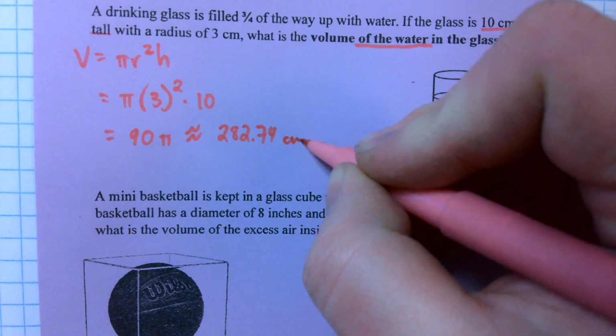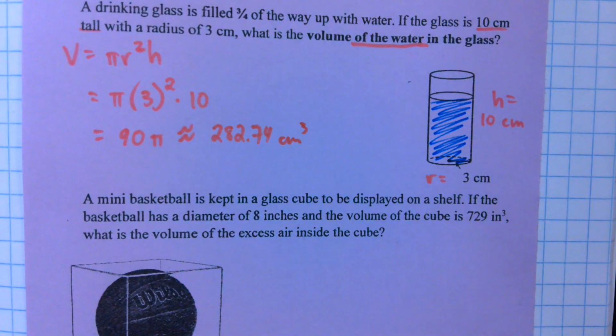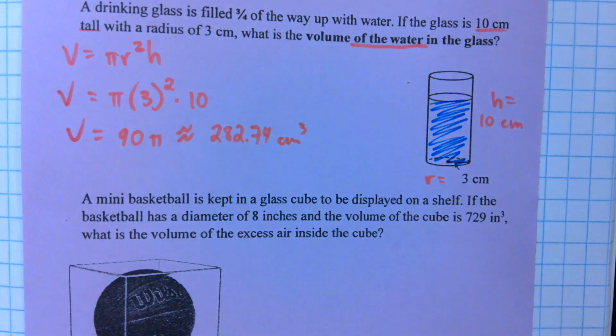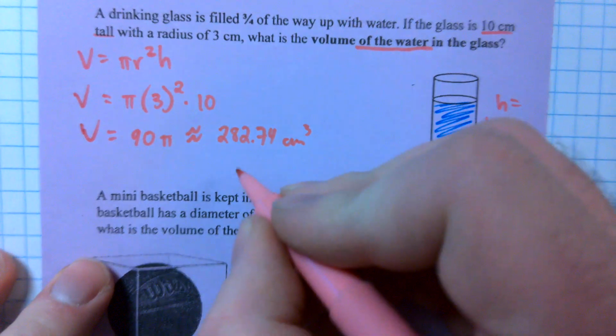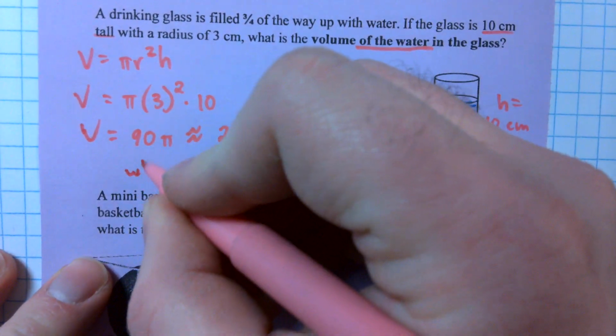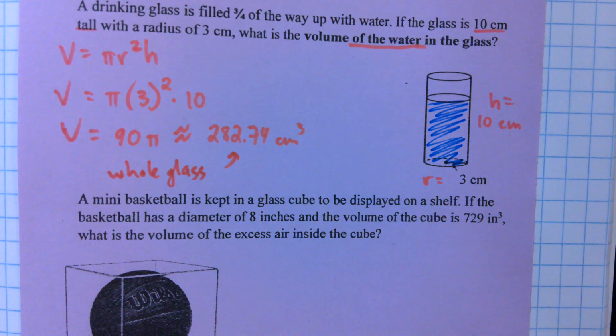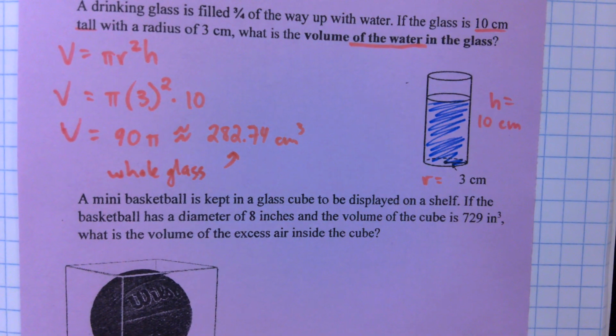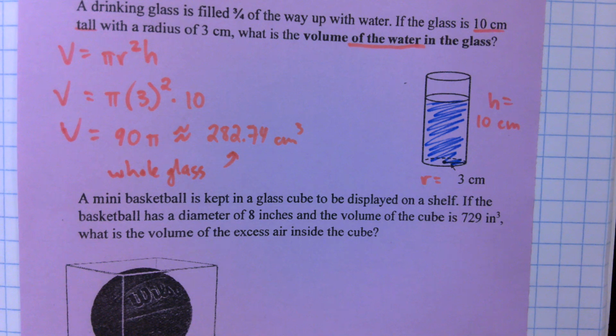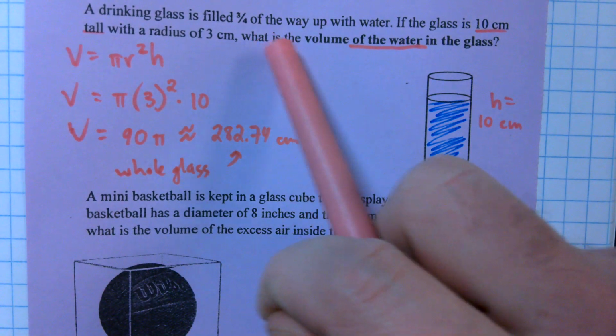Centimeters cubed. So again, this is the volume of the whole glass. Are we asked to find the volume of the whole glass? No, just the water.